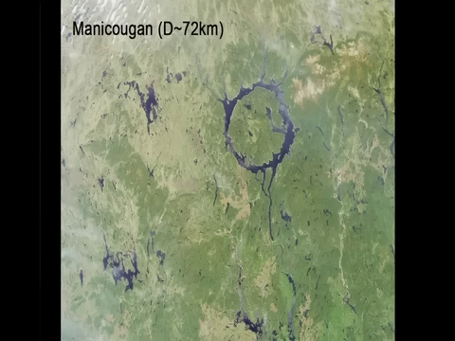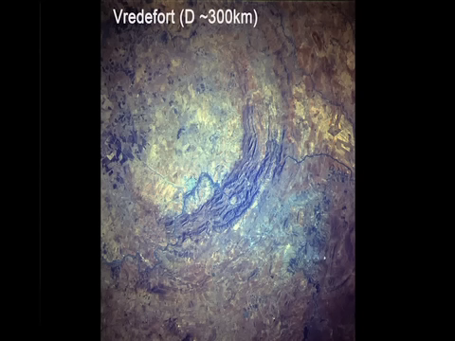So the amount of deposition and erosion going on because there's water in there is eroding the crater even more, so that eventually it might start looking like Manicouagan here, although this is 72 kilometers in diameter, and all you're left with in that case is this suspicious circular river that marks the trough of the crater. And then when you get even older, you can get tectonic working of the crust so that your circular feature disappears entirely, and you get this squidged up Vredefort. This is one of the largest craters on Earth, and it's definitely very old.